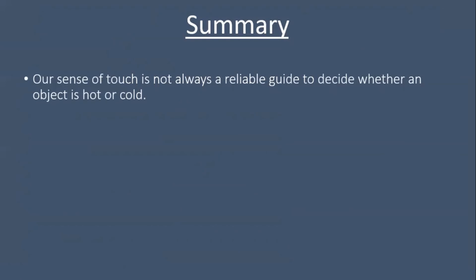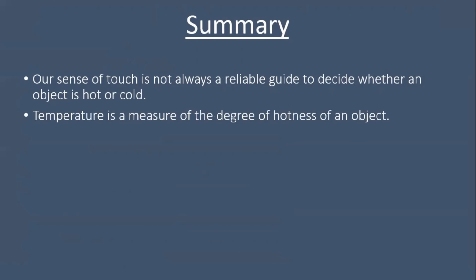Let us recollect what we learned today. Our sense of touch is not always a reliable guide to decide whether an object is hot or cold. Temperature is a measure of the degree of hotness of an object.